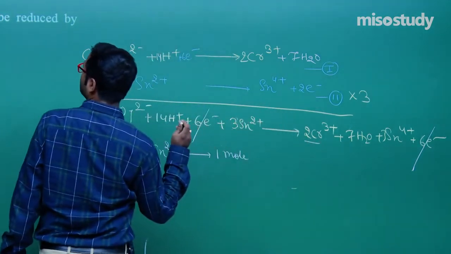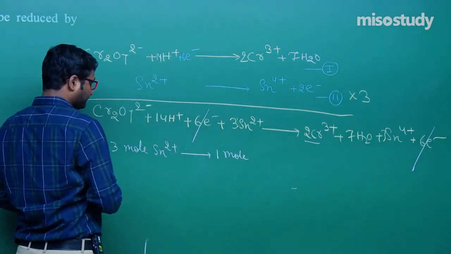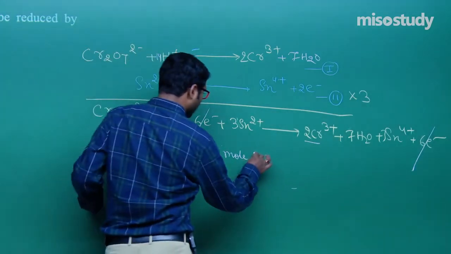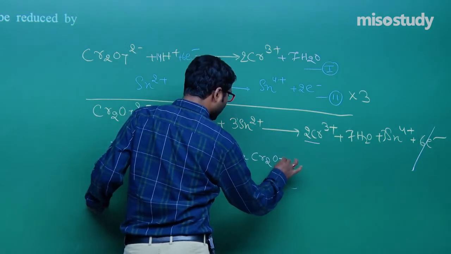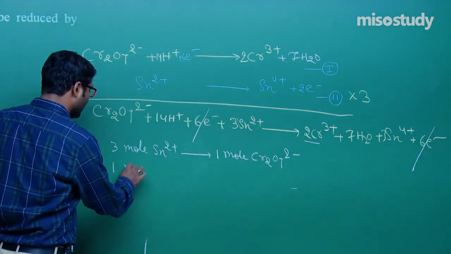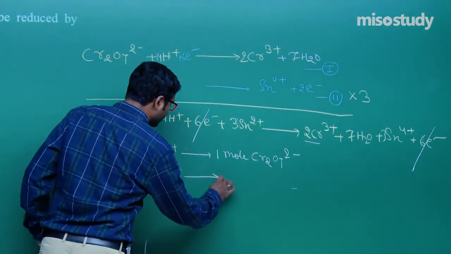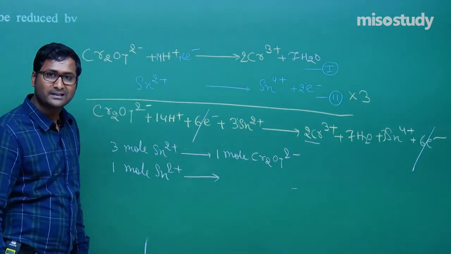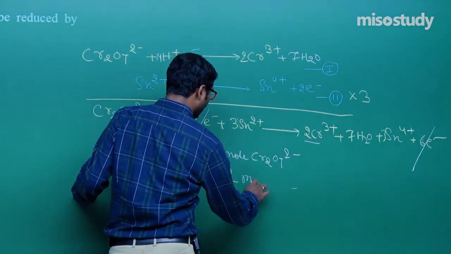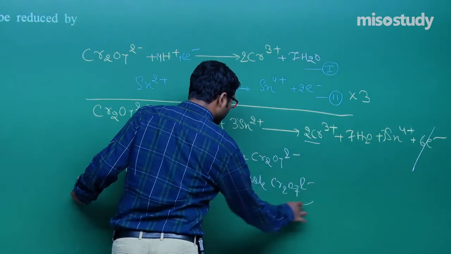How many moles can be reduced by 1 mole? 3 moles of Sn2+ require 1 mole of Cr2O7 2-. Clear? According to the question, 1 mole of Sn2+ requires how many moles of Cr2O7 2-? That is the question. So 1/3 mole of Cr2O7 2-.